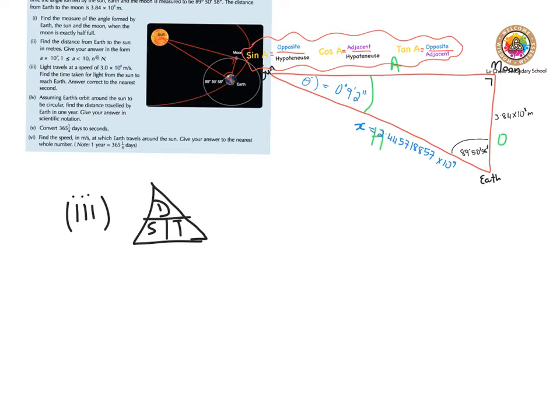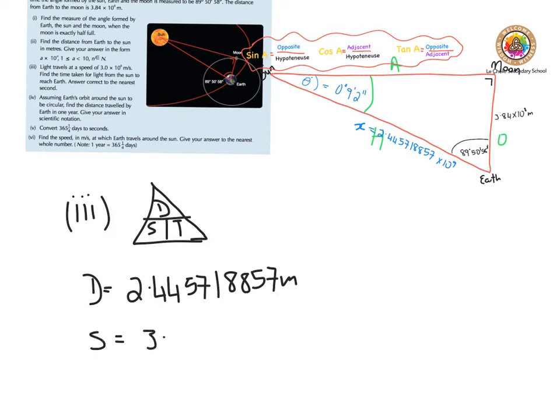Okay, so I'm just going to write down what I have. I have my distance, and it equals 2.445718857 meters. Our speed, we're told, is 3.0 by 10 to the power of 8 meters per second.